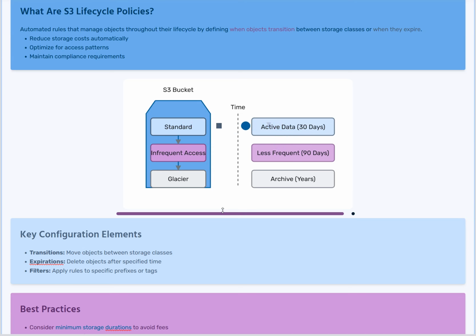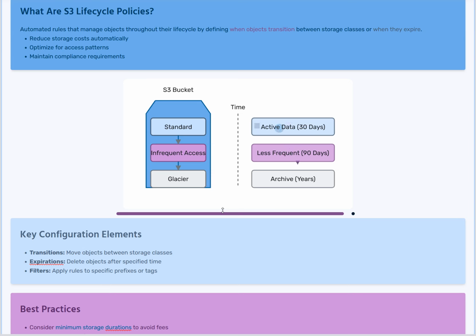After 30 days they're only going to be infrequently accessed, and they are kept in infrequent access until 90 days. After 90 days they're going to be archived. They're not going to be accessed, or very rarely, so they move into the archive, that means into the Glacier class.